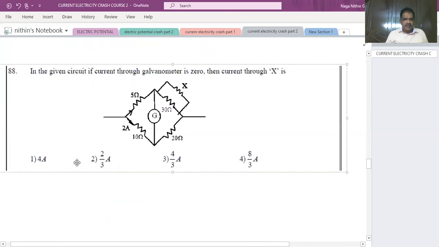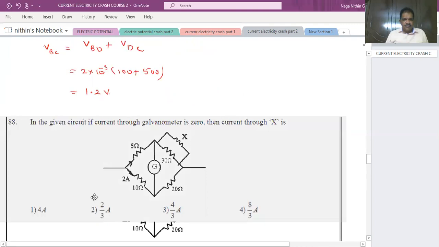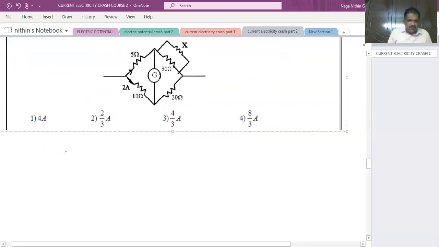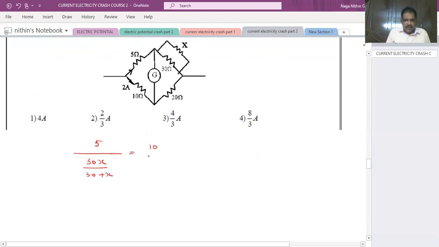Next, 88. What they are asking, see. Here there is a circuit given, Wheatstone bridge circuit. What is the current flowing through X? This is a galvanometer. Current flowing through the galvanometer is 0. So it is a balanced Wheatstone bridge. These two will be in parallel. So P by Q means 5. In parallel, effective 30x by (30 plus x) is equal to 10 by 20.